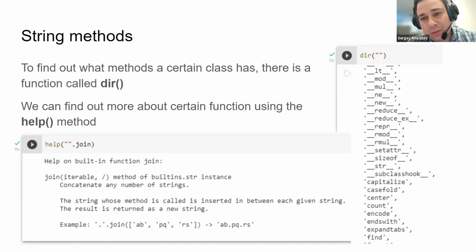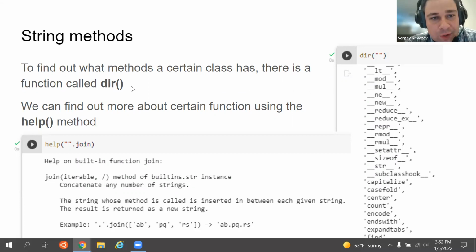So we know that different strings have the same methods that can be used. And there are integers, there are booleans, and all of them are also objects of the appropriate type. To explore what functions each class or each data type has, we can use the dir function.